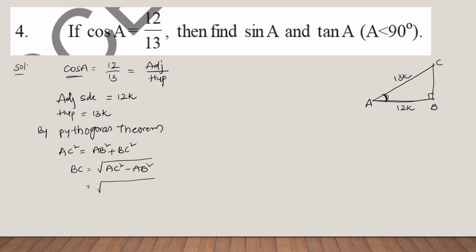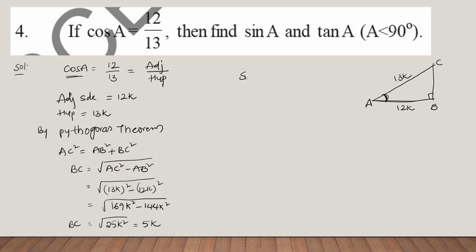Substituting, this is 13k whole square minus 12k whole square, which is 169k square minus 144k square. 169 minus 144 is 25k square, which gives 5k. So the value of BC is 5k.